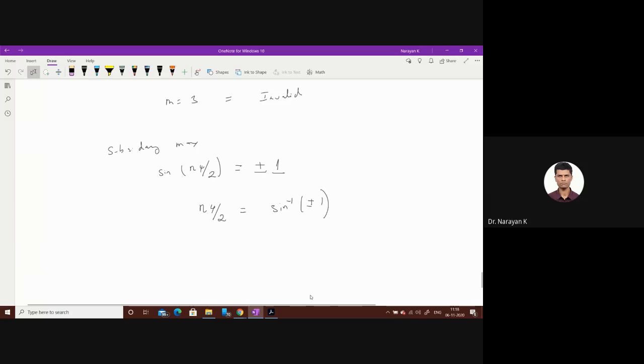I can also write this as plus minus 2m plus 1 into pi by 2. For finding the subsidiary maximum, this is the formula. Please remember this. So n psi by 2 is equal to plus minus 2m plus 1 pi by 2.